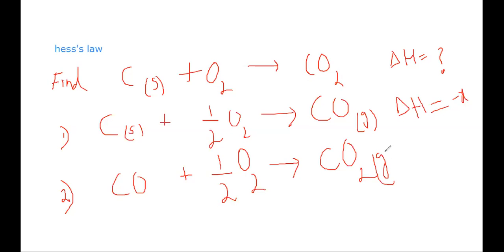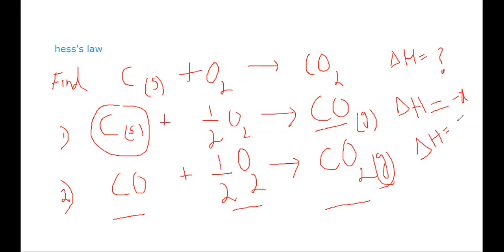Now you can see carbon dioxide gas is formed, but in two steps. First, solid carbon is converted into carbon monoxide, then the monoxide again reacts with half a mole of oxygen, forming carbon dioxide. Delta H for this reaction is, for example, minus Y. Information of these two reactions is given.